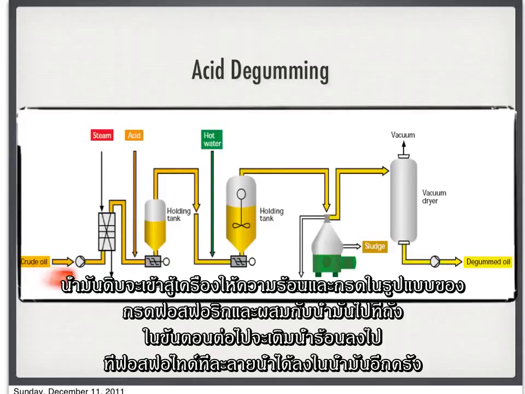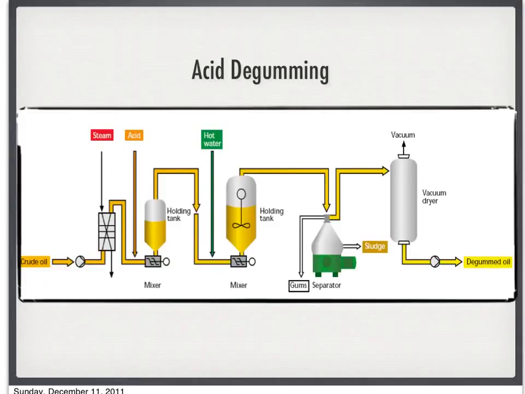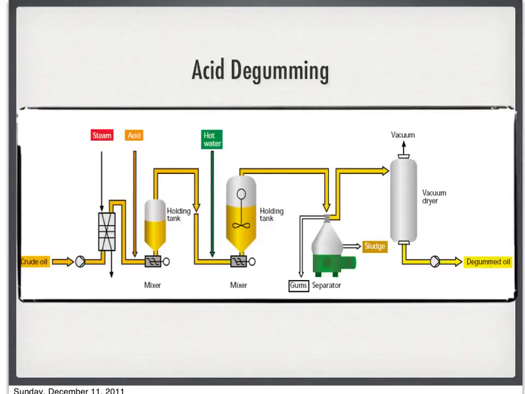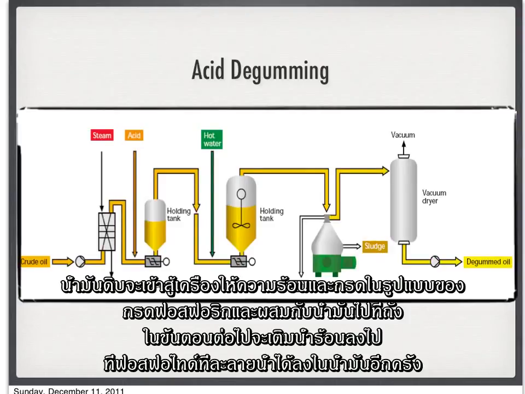So the crude oil will go through the heater, and the acid in the form of phosphoric acid will be added at this point and mixed with the oil, and it will go through the holding tank. In the next step, the hot water will be added to hydrate the hydratable phosphatides in the oil.